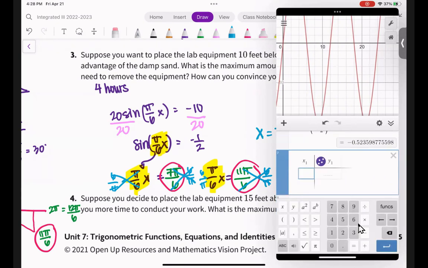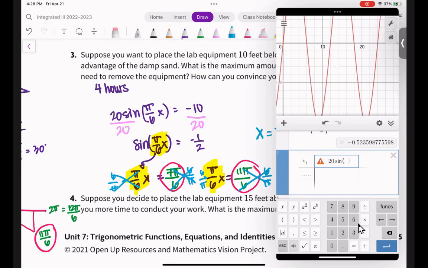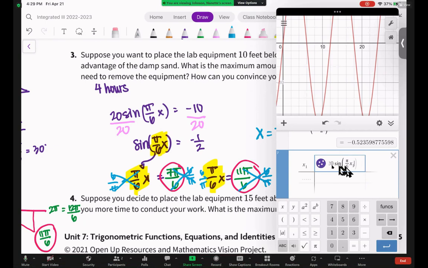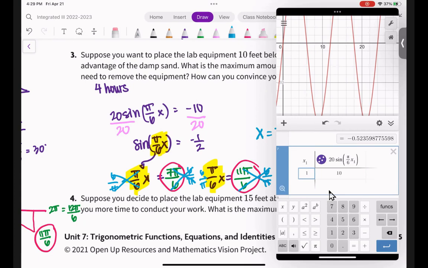Let me show you by table. I'm going to write this equation as, oh, there it is. 20 sine of pi over 6 x1. X1, if you remember, just pulls this value here. So I'm going to put the numbers in here like 1.